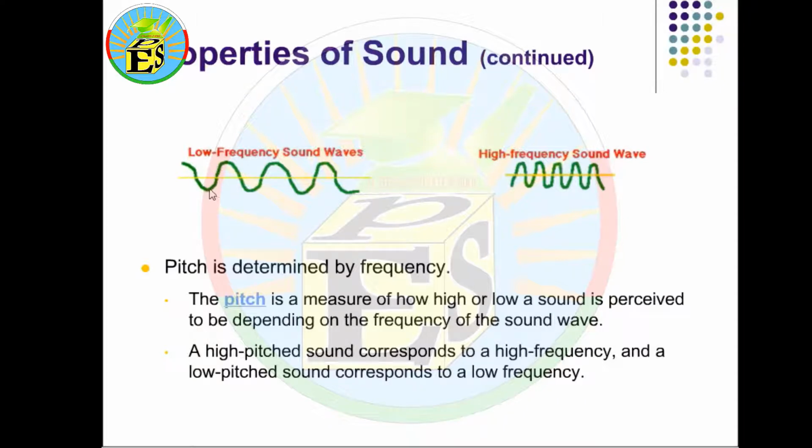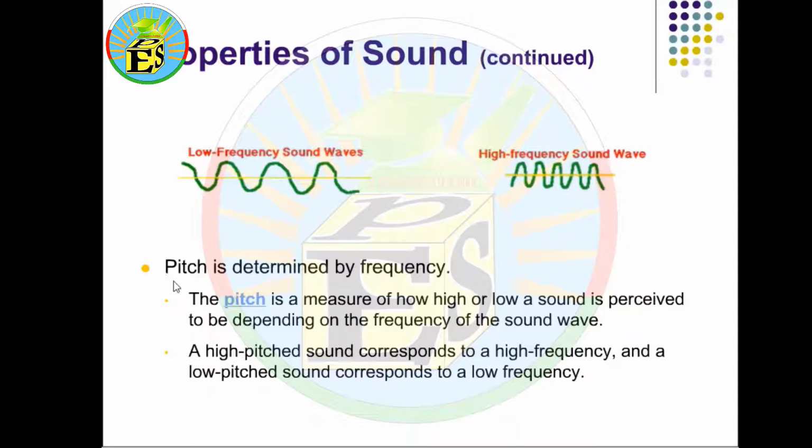How many complete waves here? 1, 2, 3, 3.5 waves, complete waves. But in this one, about 1, 2, 3, 4 and a half, 4.5 in the same distance, so I have more complete waves in the same distance. So this is a high frequency sound wave and this is a low frequency sound wave.